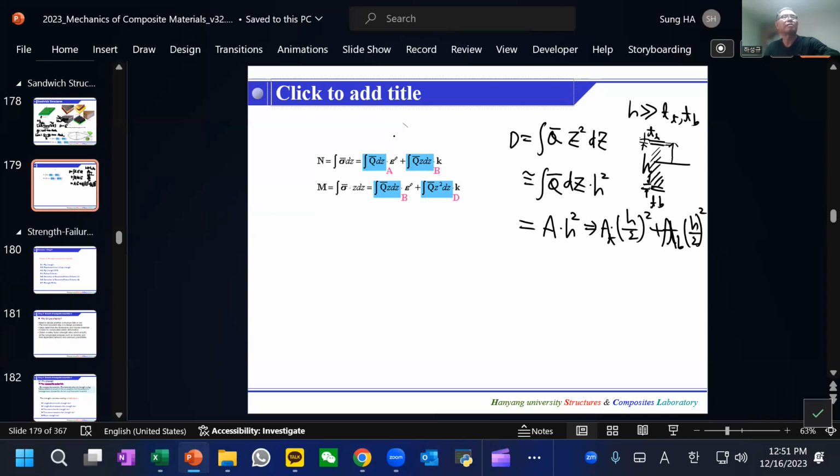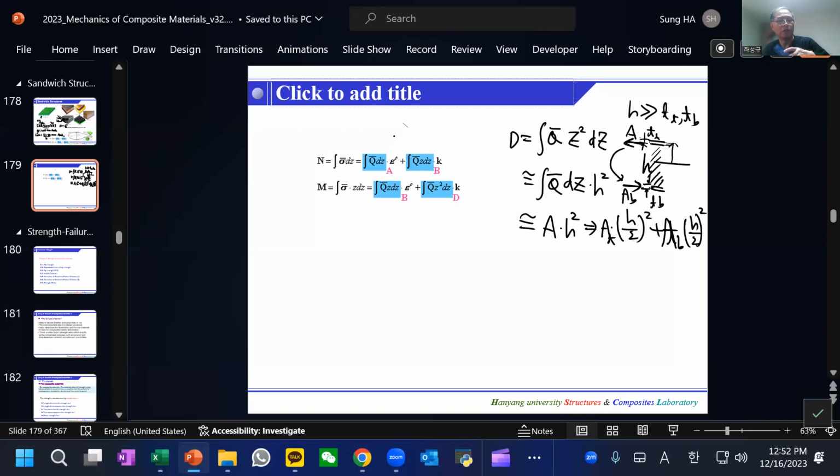It's not a precise equation, but I just like to emphasize the order, to try to understand the order. So the top skin A matrix is a sort of tension behavior, and the bottom also tension or compression behavior. And then D is mainly this A matrix of top and bottom times the order of H scale. This is just order.